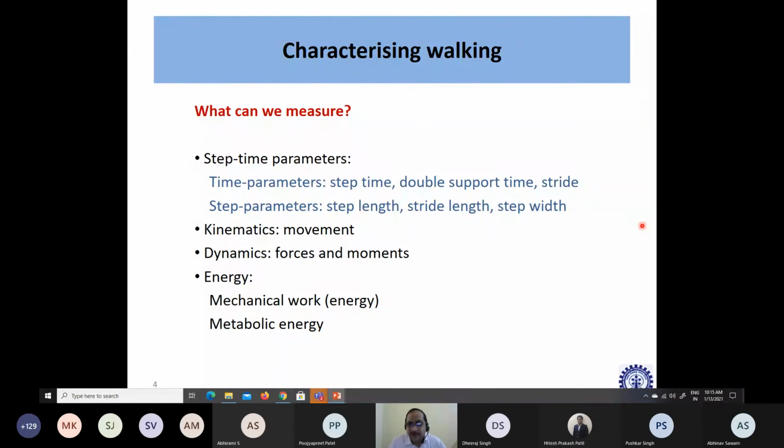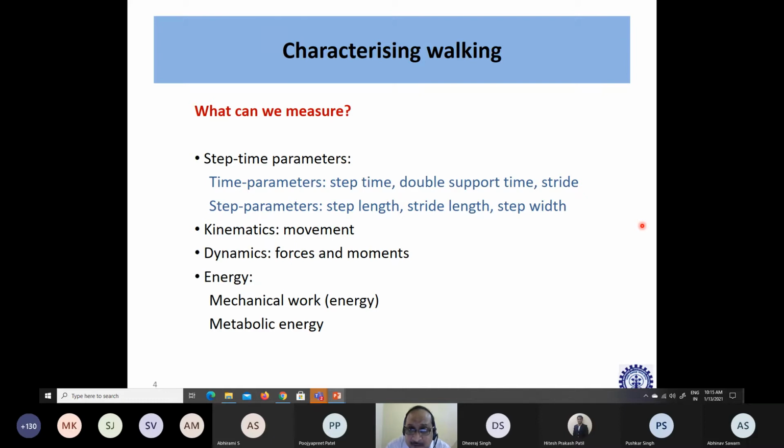Now, how do we characterize this apparently simple yet complex movement of the human body? In order to characterize, we need to measure certain parameters. Okay, so there are important parameters.